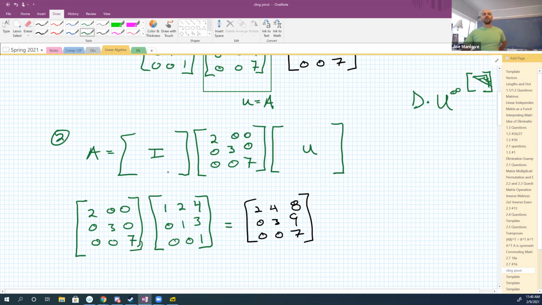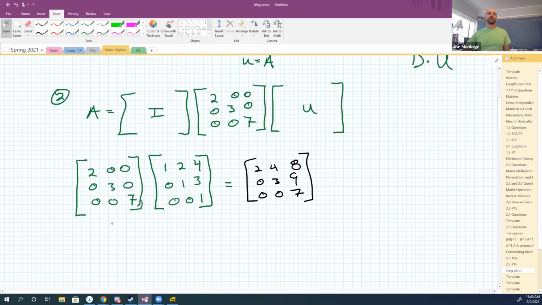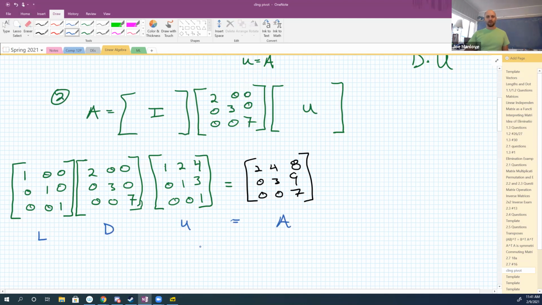And so my LDU decomposition for my matrix A is these two guys are D and U, and the L is the identity matrix. So this is L, D, U equals A. Does that kind of make sense?